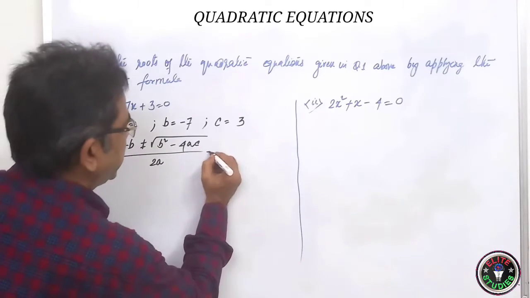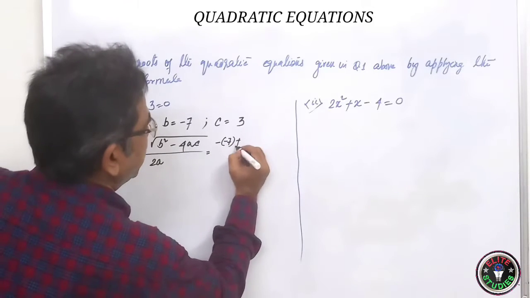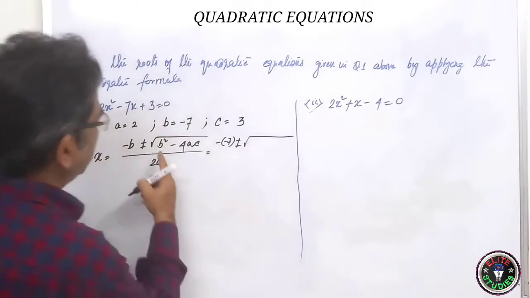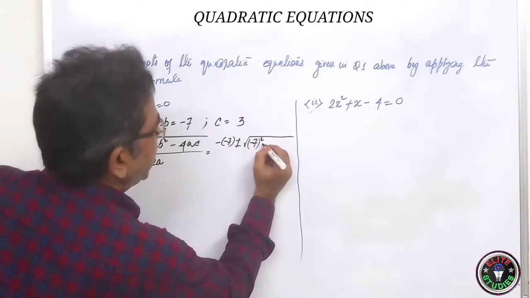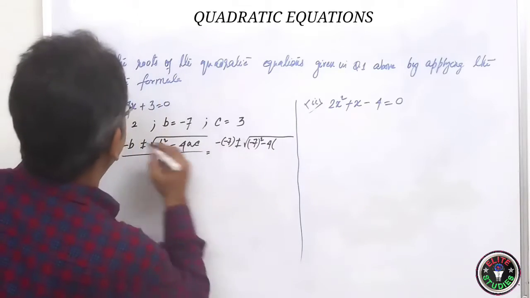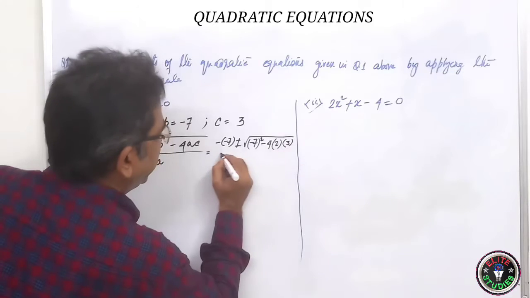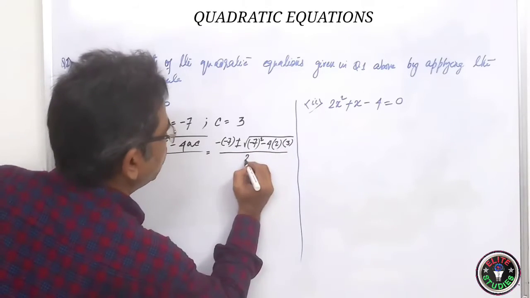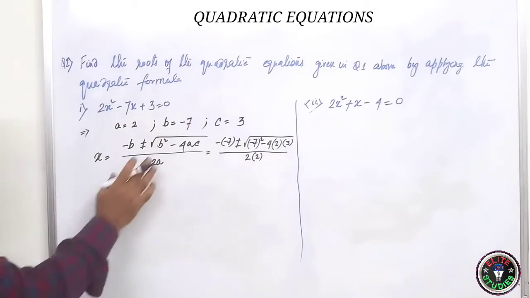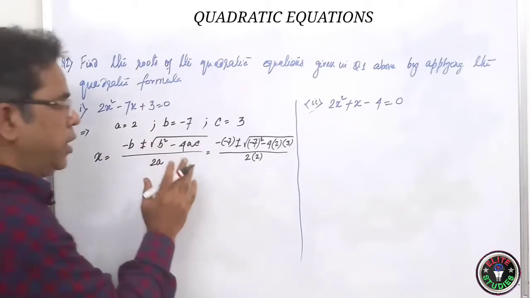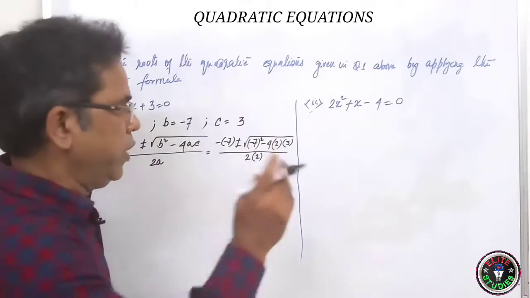So, if you put the values here, it will be minus of minus 7 plus minus root over of minus 7 square minus 4, a is 2, and c is 3, divided by 2 times a, which is 2. Simply you have to put it. No need to memorize this formula. By and by you will come to know, it will be mixed with your blood after doing a few questions.